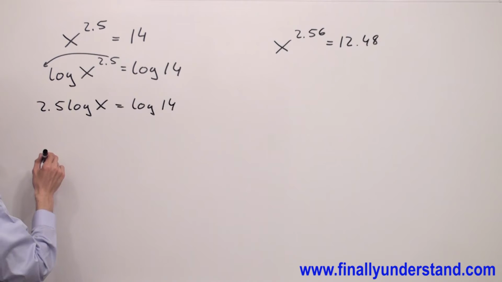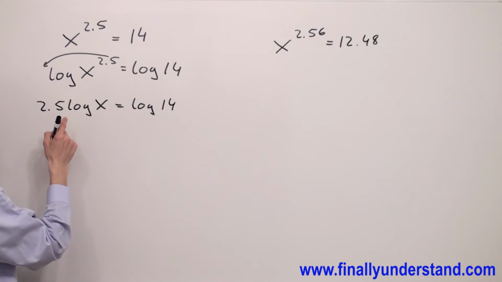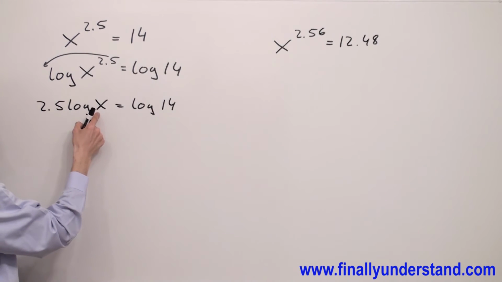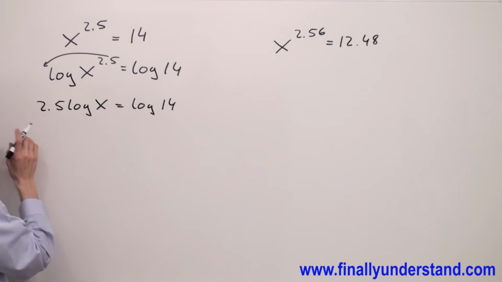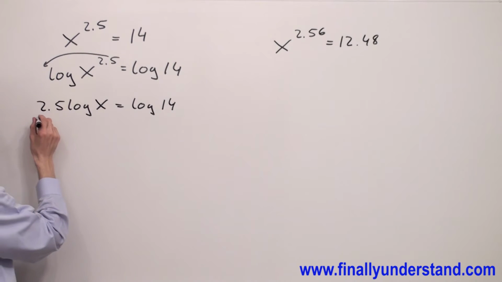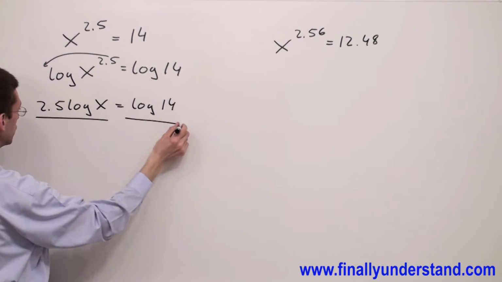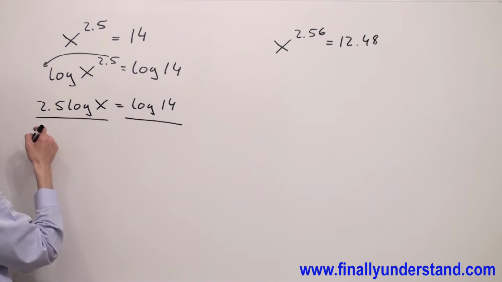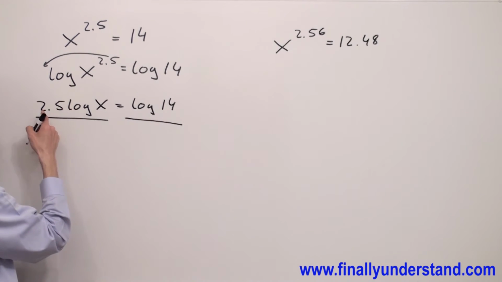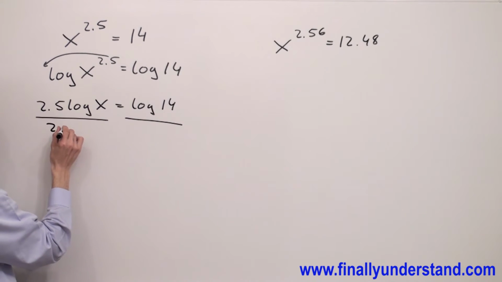Next, I have to make sure that the logarithm with x is by itself on the left side of my equal sign. That's why I have to divide both sides of the equation by whatever is multiplied by the log. I have to divide by the coefficient, 2.5.